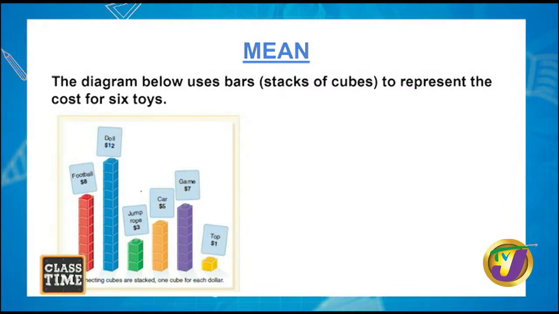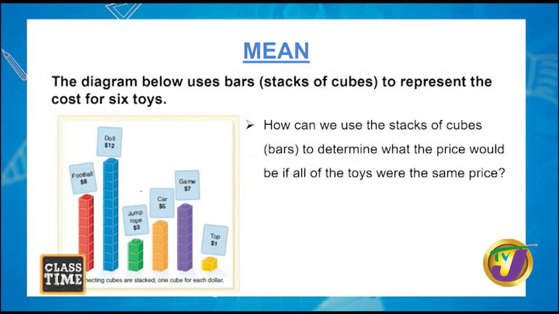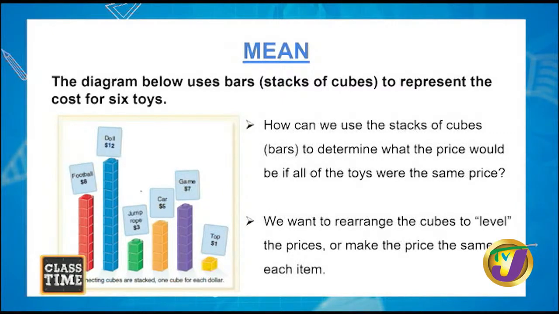This diagram below shows bars, which represent the cost of 6 toys. How can we use the stack of cubes to determine what the price would be if the toys were of the same price? We want to rearrange the cubes to a level price or make the price the same for each item.